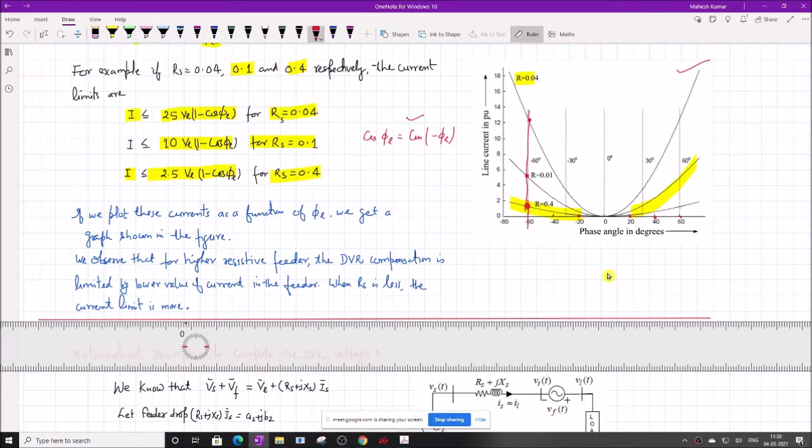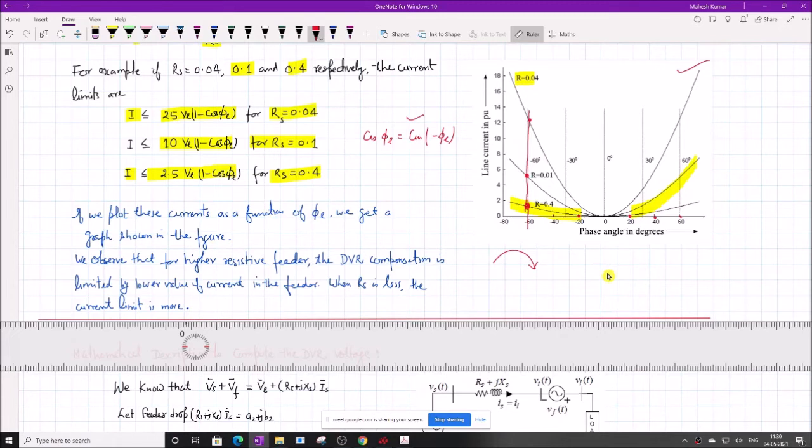It basically means that if I have more resistance, then if I compensate the voltage, that can be for a lesser value of current. So the current that flows in the circuit will be less. If the current is more, the scheme will not be properly compensated because I into Rs becomes more.